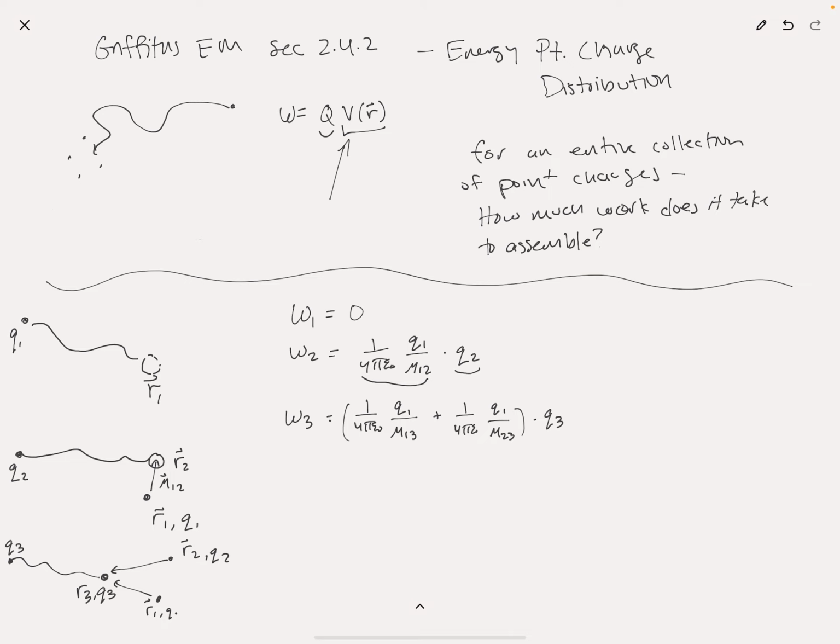But we can write a generic expression, which is that the work required to bring in some number n of point charges is going to be the sum of all of my charges times the potentials of the charges that already existed when they were there, over Rij.